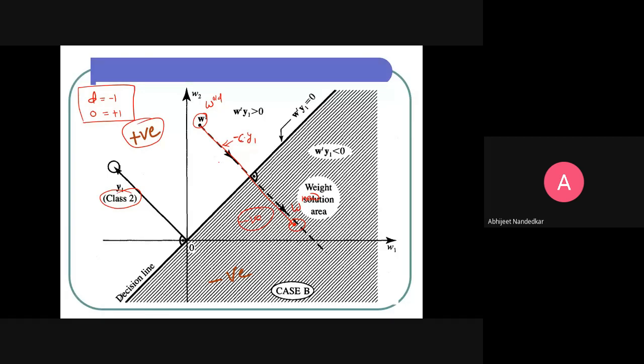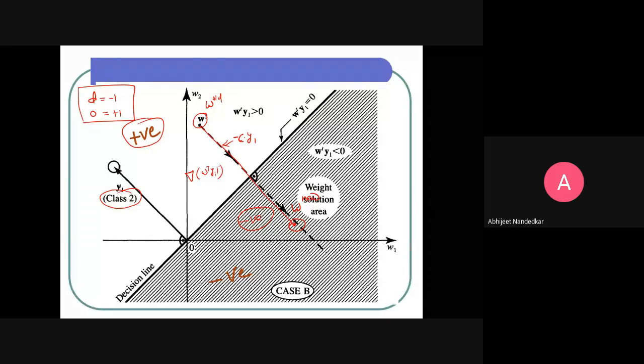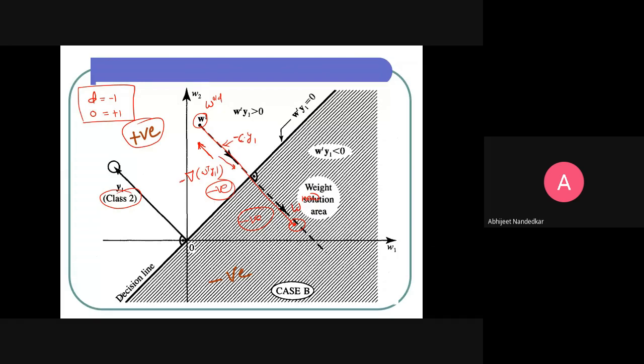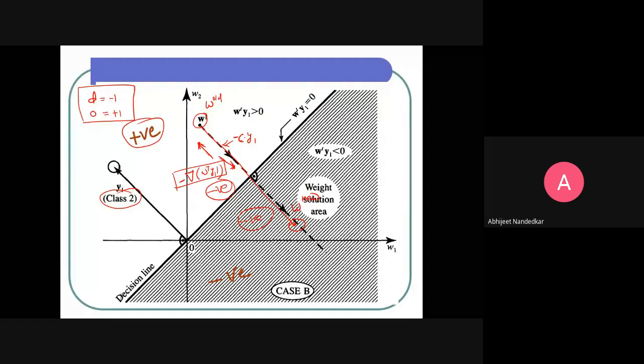Okay, so when you take the gradient of W transpose Y1 in this case, you will get this direction. But since you want to move in the opposite direction because you want a negative output, you will reverse this vector by multiplying by -1. So this negative thing will be added to the existing W. That means we are actually subtracting this gradient of W transpose Y1.